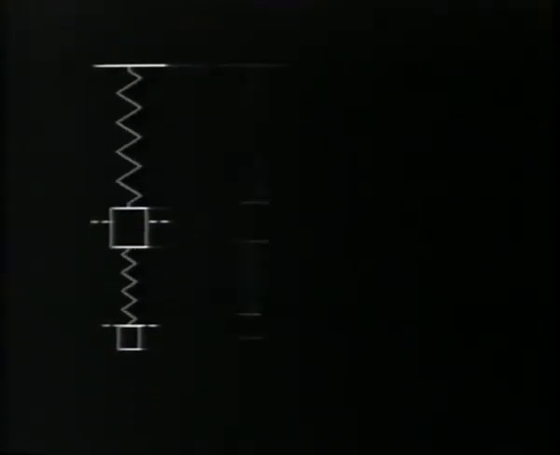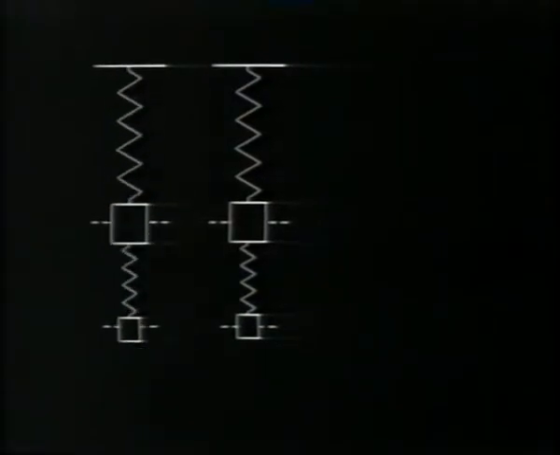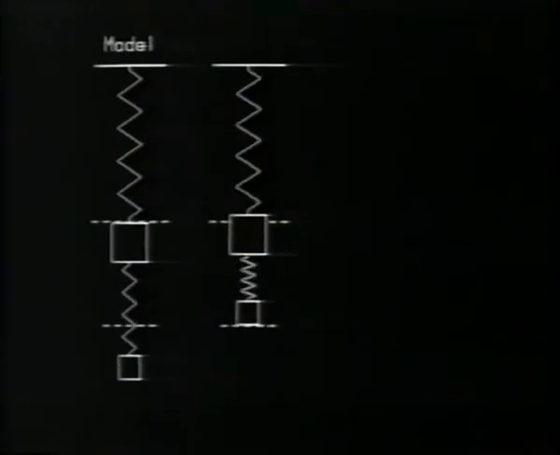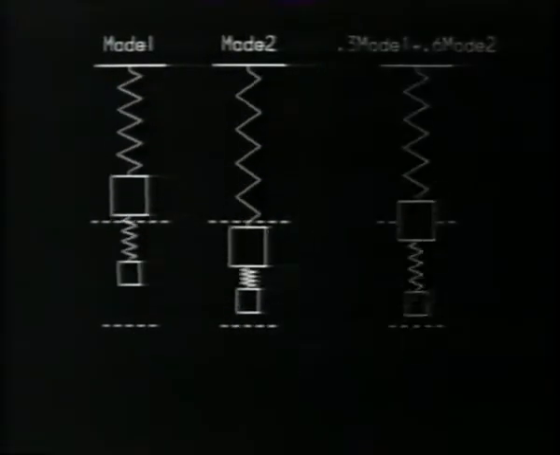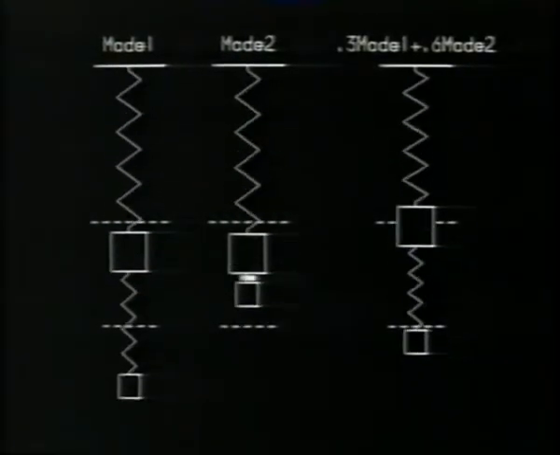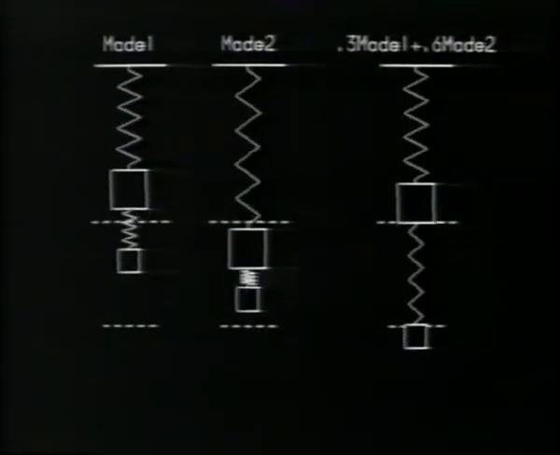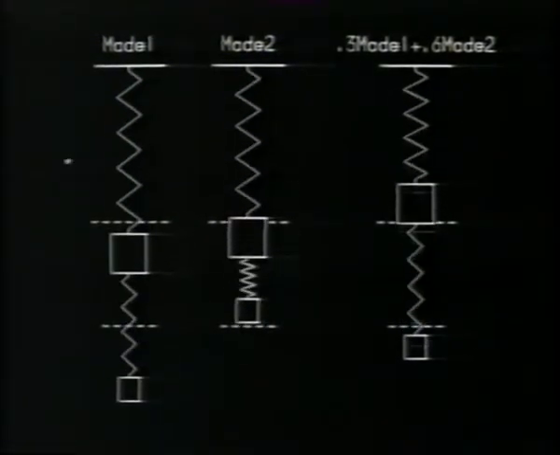Suppose the spring mass represented here is released in such a way that it oscillates in the first normal mode. And the initial conditions of an identical spring mass system are such that it oscillates in the second mode. Linear combinations of the two, as in this third system, don't look sinusoidal at all.